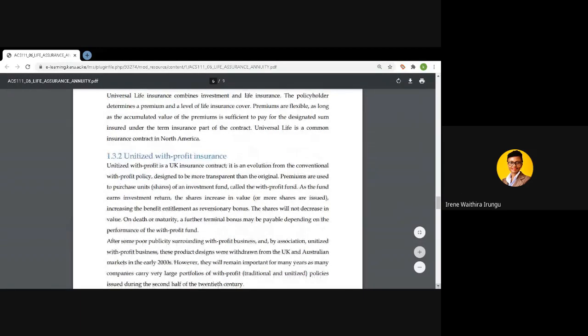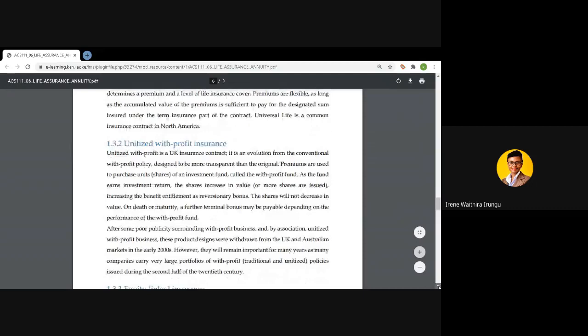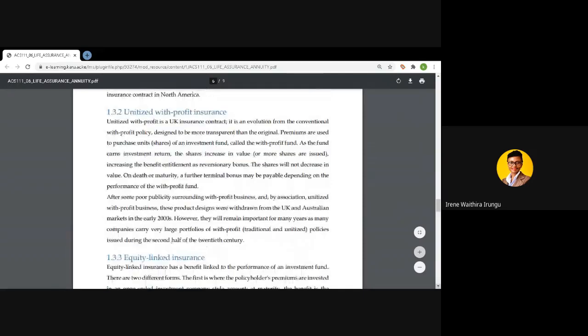Now, for the unitized with profit insurance contracts, this is an evolution of the participating, the conventional with profit types of policies. In this, you realize we say that it is at the discretion of the insurance company to determine how much in terms of reversionary bonuses or terminal bonuses or cash dividends they're going to pay to the policyholders.